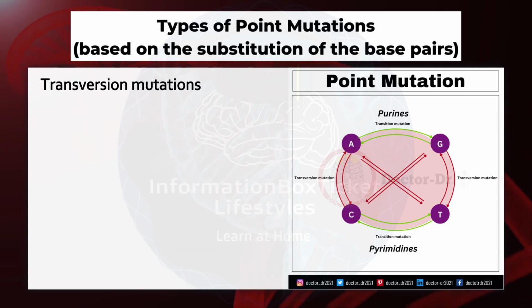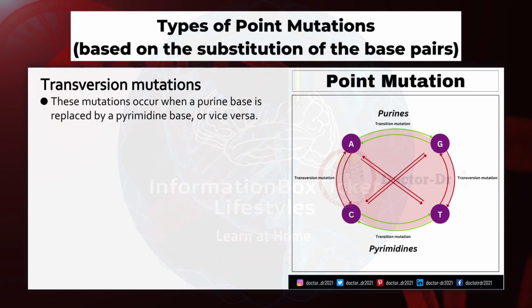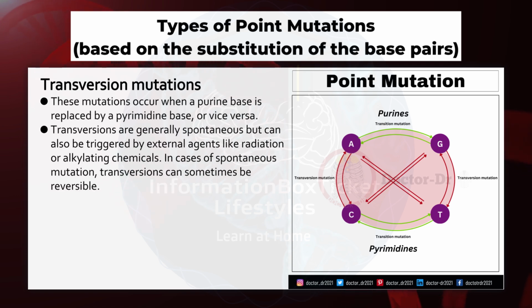Transversion mutations. These mutations occur when a purine base is replaced by a pyrimidine base, or vice versa. Transversions are generally spontaneous, but can also be triggered by external agents like radiation or alkylating chemicals. In cases of spontaneous mutation, transversions can sometimes be reversible.